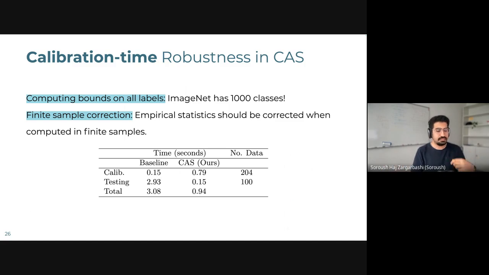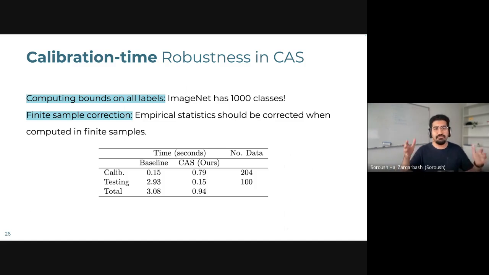Why? Because as I mentioned before, you need to compute a mean or you need to compute a CDF. But the way you compute the CDF is through Monte Carlo samples, while for the bound, you need the true mean or the true CDF with infinite samples. So when you have Monte Carlo samples, you need to also account for finite sample correction.